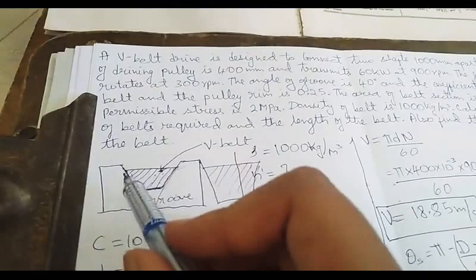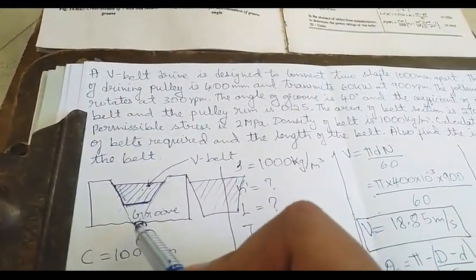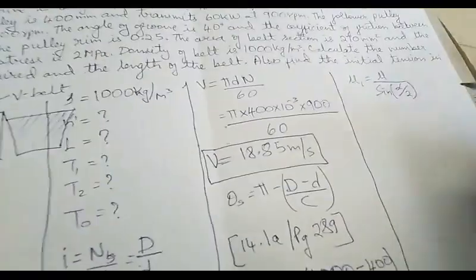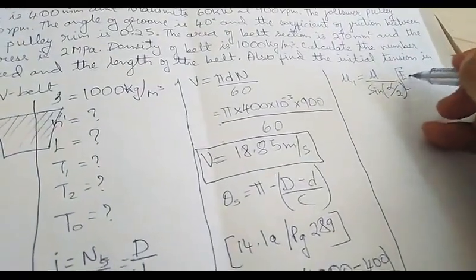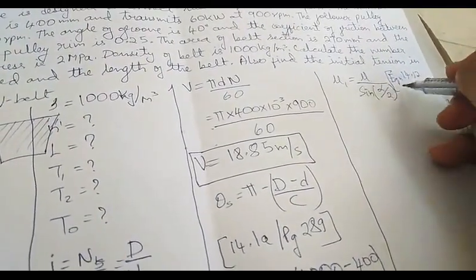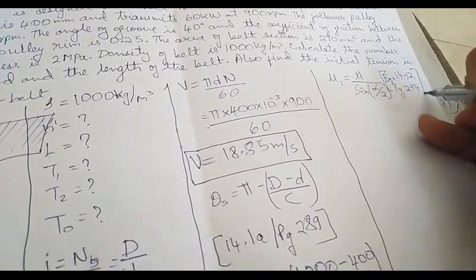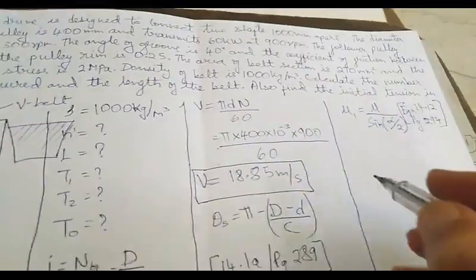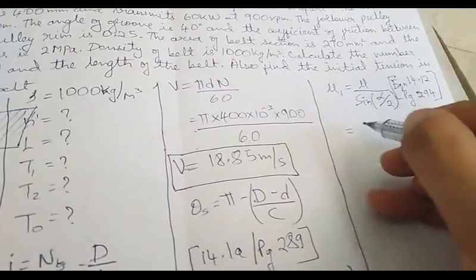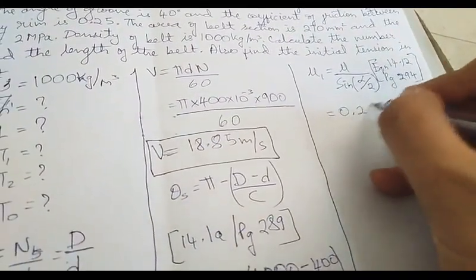As explained earlier, if we extend the straight line here, this angle is known as alpha. So this is equation 14.12, page number 294. So the apparent coefficient of friction, we shall find it.